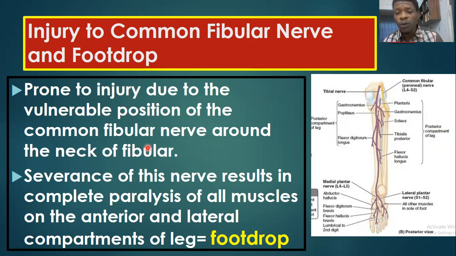There will be unopposed pull by the muscles of the posterior compartment, and that will cause foot drop, because the muscles of the posterior compartment insert on the plantar surface of the foot and pull the foot downwards, and there is no opposition because the muscles of the anterior and lateral compartments are gone. So we have what we call foot drop.